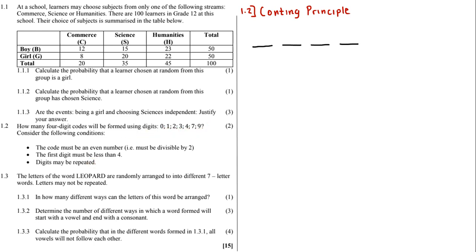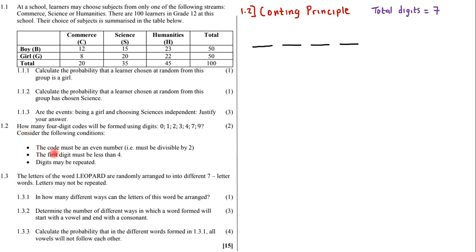So in total we have 7 digits. Let me use a different color for this, something brighter. The total digits that we're trying to use here is 7, right? So the main focus is to always focus on the total number of digits, but also be aware of how many digits will fit in each instruction.